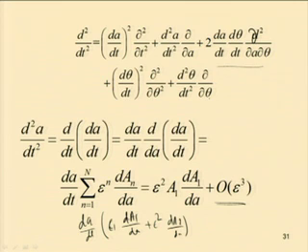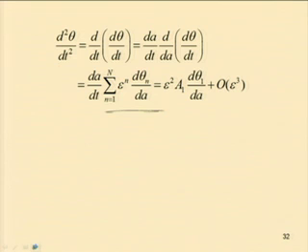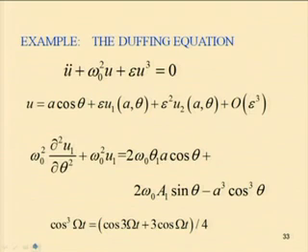But in this case, again substituting d square a by dt square equal to epsilon square A1 dA1 by dA and d square theta by dt square equal to epsilon square A1 d theta 1 by dA, and substituting u equal to a cos theta plus epsilon u1 plus epsilon square u2.